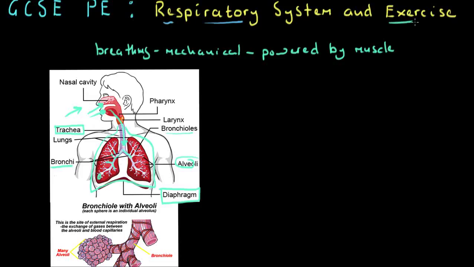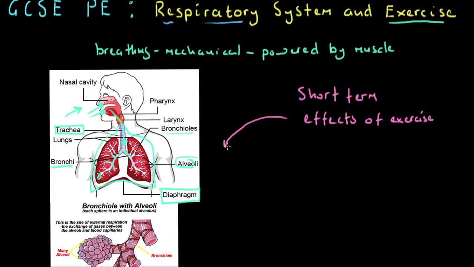I'm saying this is about the respiratory system and exercise. So I want to know what are the short-term effects of exercise. What actually happens to this breathing system when we start to move, when we start to play sport or take part in an aerobics class or whatever it is that we're doing? Well, you'll know some of these because they're obvious and they're common sense.